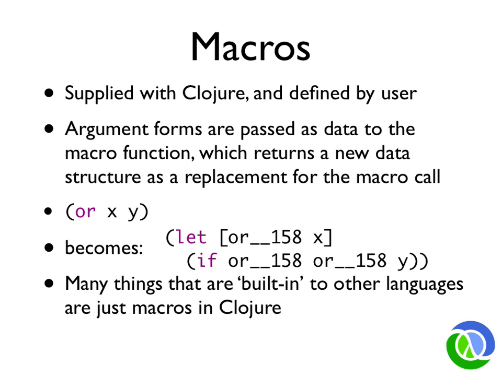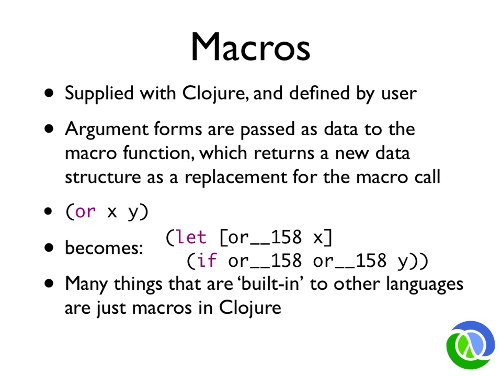I'm sorry, there's also the part that there are no side effects of evaluating X. Let's say this X took an hour. A well-written macro will make sure it only gets evaluated once. I could have said if X, X, otherwise Y. Correct.